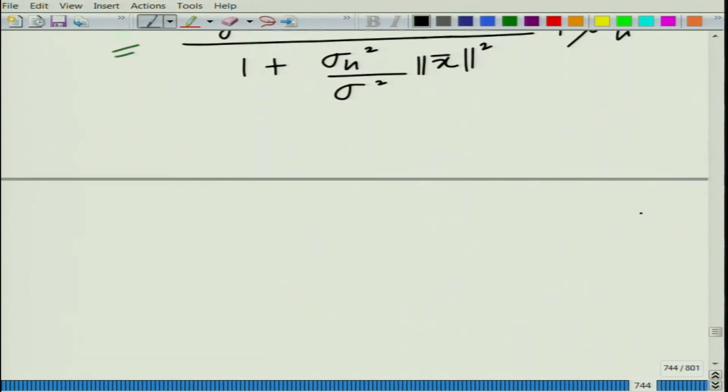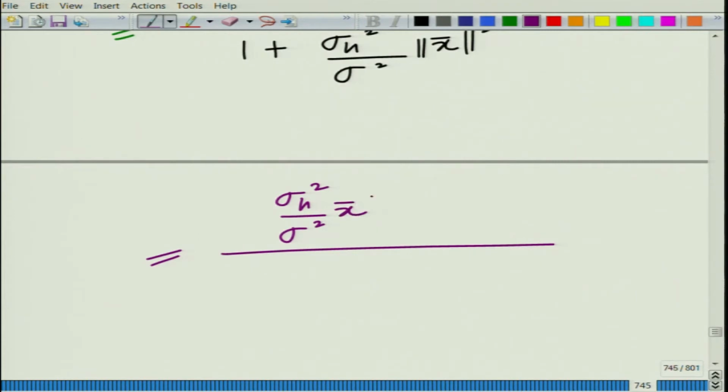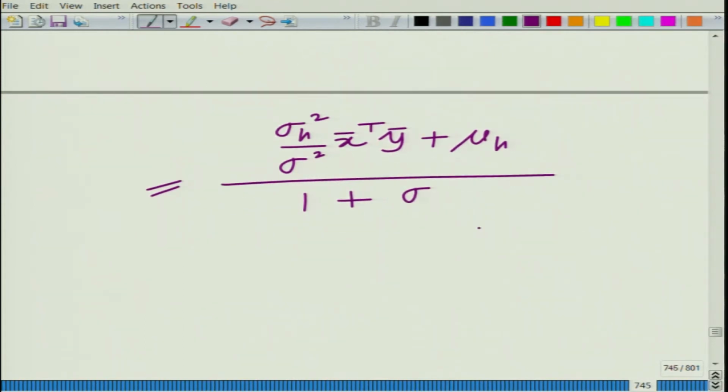Now if you simplify this, you can clearly see this reduces to the following expression: sigma h square divided by sigma square x bar transpose y bar, plus mu h, divided by 1 plus sigma h square divided by sigma square times norm x bar square.